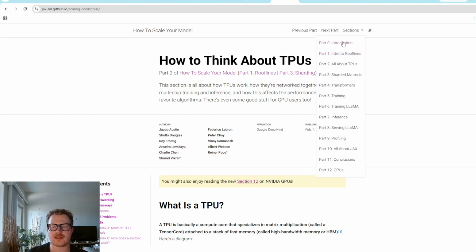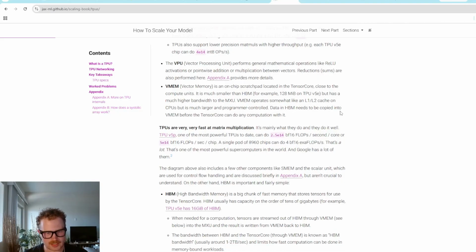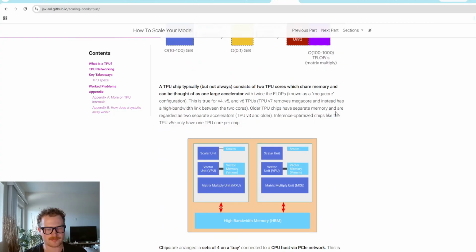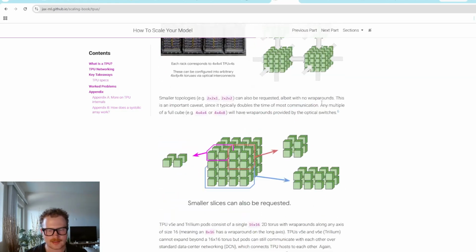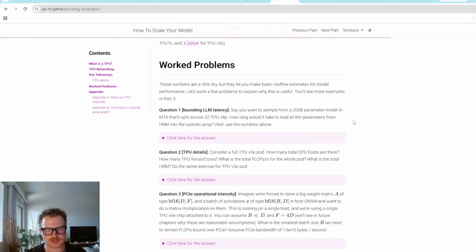We read the intro, we did part 1, intro to rooflines, and now it is all about TPUs. I read this already offline, so we can jump straight into the problems.